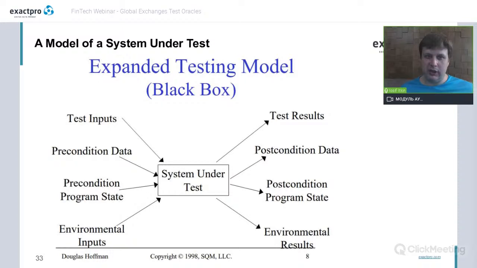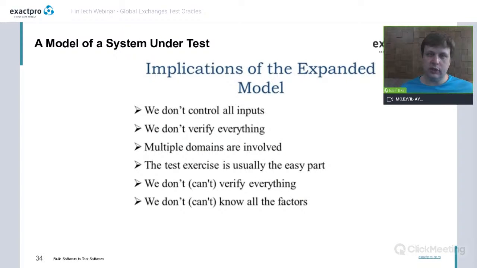So there are many things that go in and out. There are implications of Doug Hoffman's expanded model. They are all reflecting a simple thing: exhaustive testing is not possible. We don't control all inputs. We don't verify everything. Multiple domains are involved. The test exercise is usually the easiest part of everything.